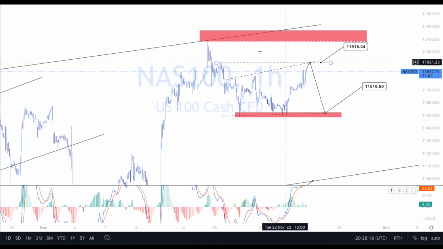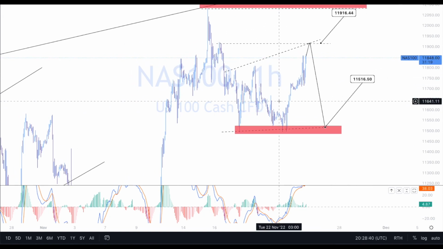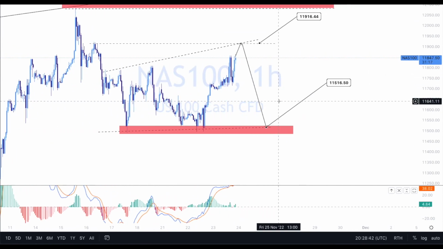The strategy that I would use in this case, sometimes it works, sometimes it absolutely does not. I'm not going to lie to you guys. What I will do is place my sell stop underneath the uptrend of the candles. As the candles are pushing up, a good example would be something like this.